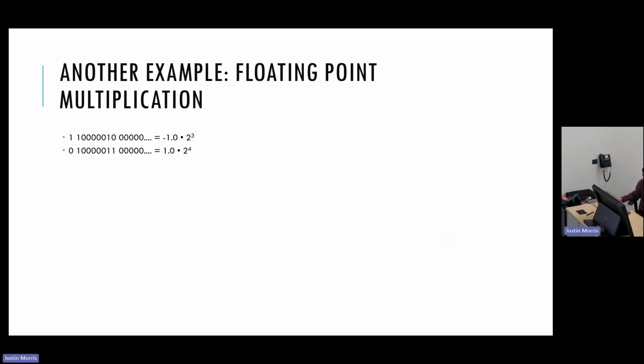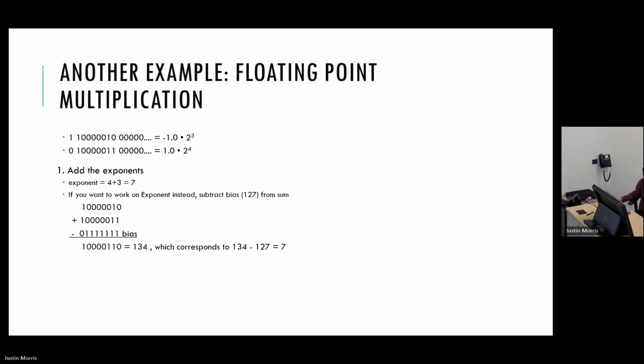All right, so here is another example. We have negative 1.0 times 2 to the 3 and 1.0 times 2 to the 4. Again, add the exponents. And here, this is what we're talking about to get the exponent bits.